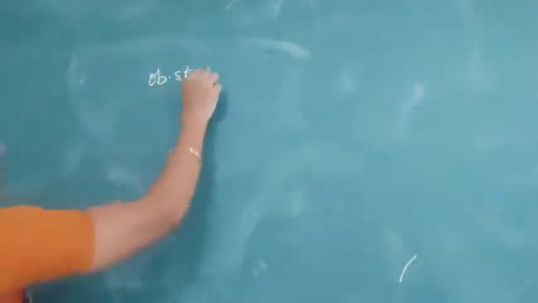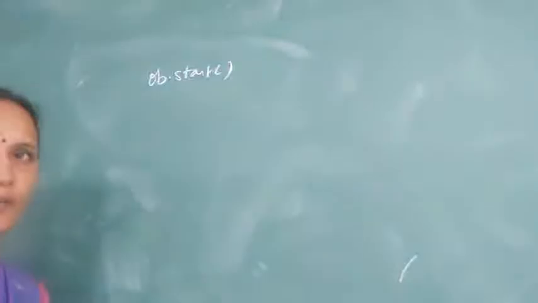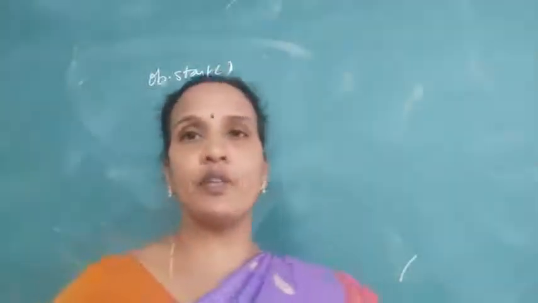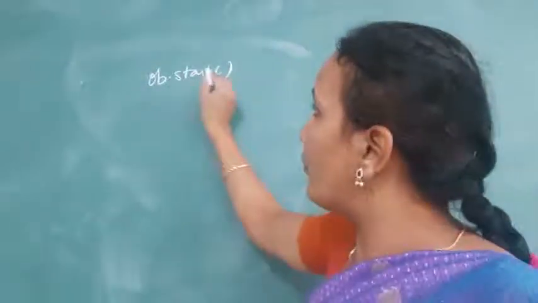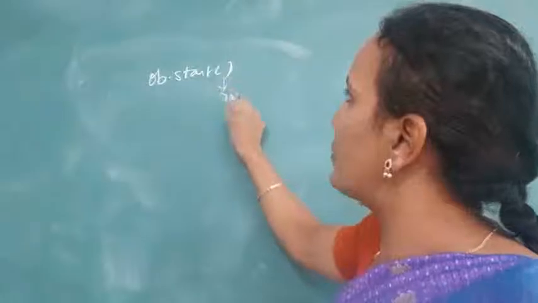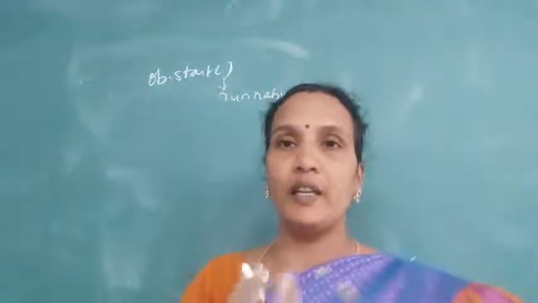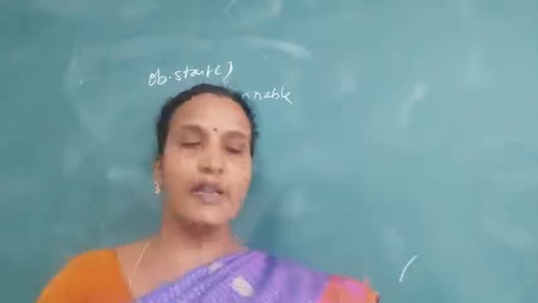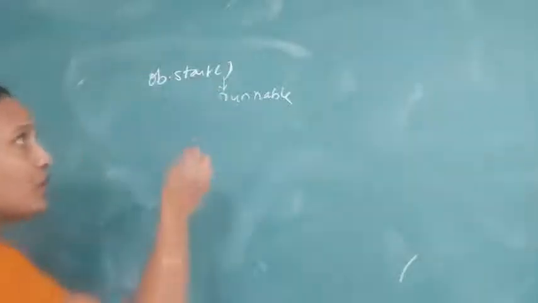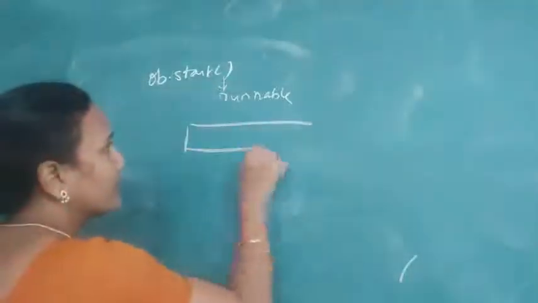Using the OB.start method, the thread is scheduled for running. Runnable state means the thread is ready for execution and is waiting for the processor time, so it will join the queue.